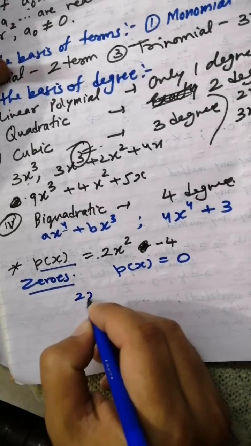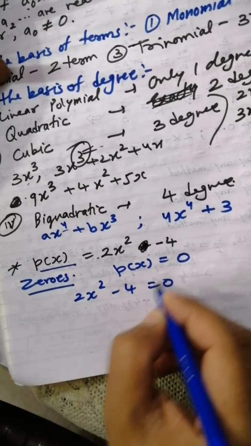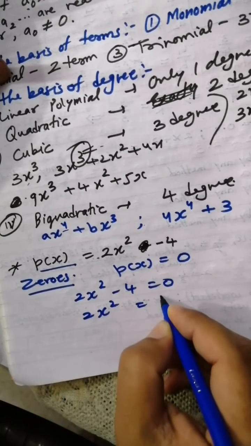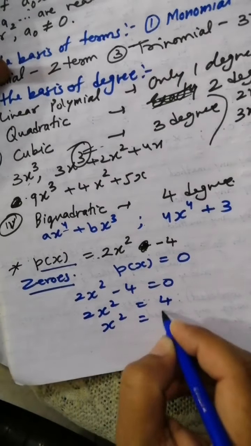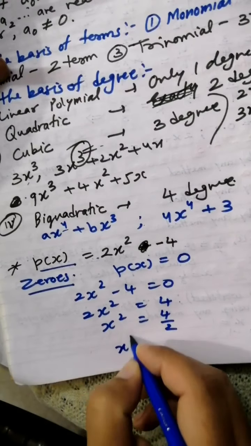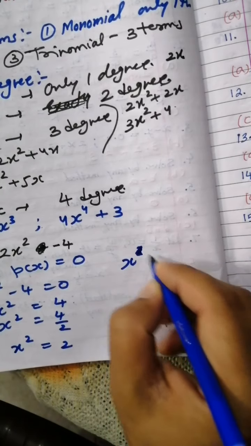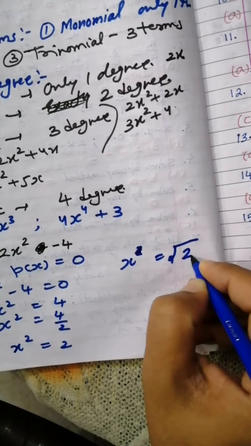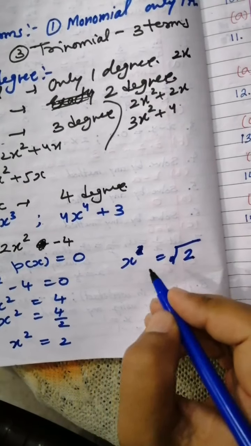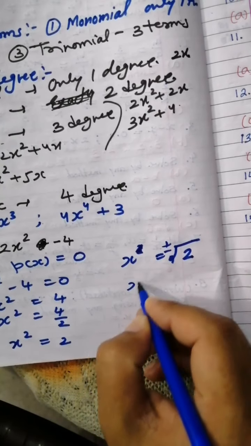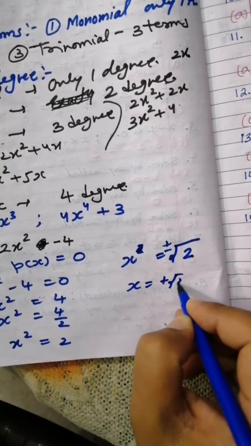So here it is 2x square minus 4 equals 0. It means 2x square equals 4 and x square equals 4 by 2. It means x square equals 2. Or here we can write x equals under root 2. Whenever you are taking a square root, it should be plus minus. Hence x equals plus root 2 and minus root 2.